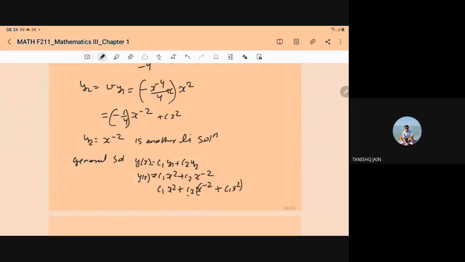So ultimately, with c1, this will give you just another constant. So generally we do not write it. Already we will get this solution only. If you are writing it in y2, there is no harm, but ultimately in the general solution you will get the two arbitrary constants only.